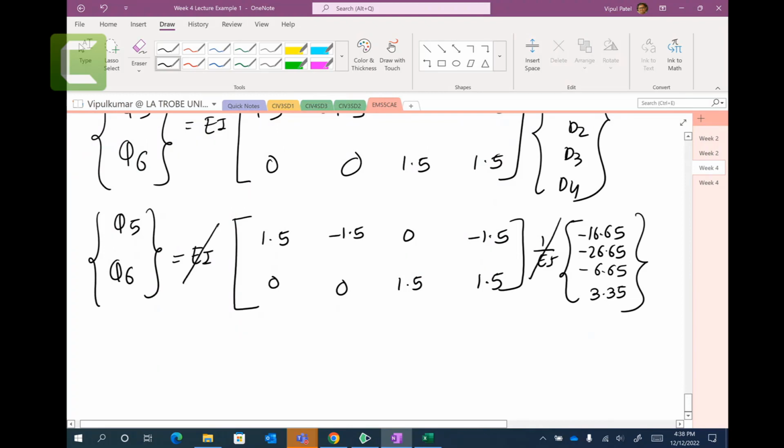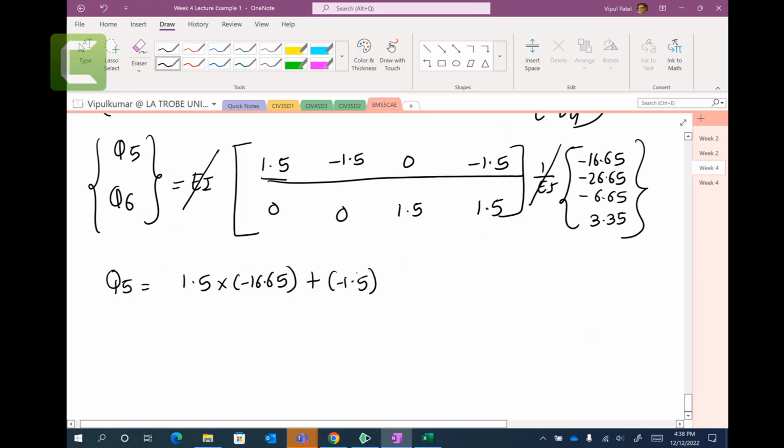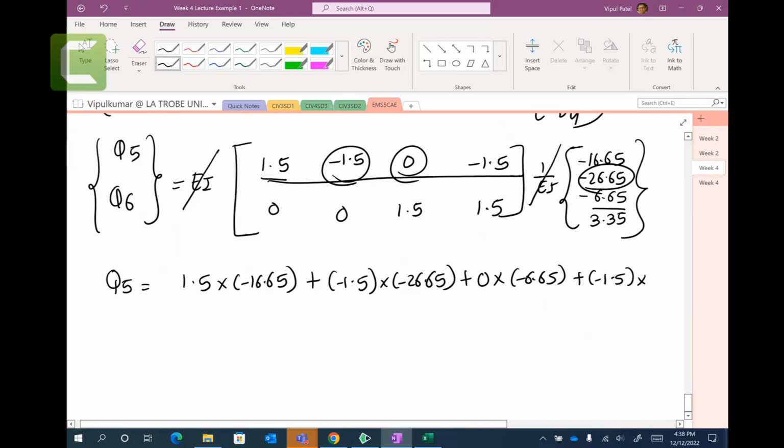So this EI cancels with this one. So Q5 equal to 1.5 times minus 16.65, we just go row by row, plus minus 1.5 times minus 26.65, this is 0 times minus 6.65, plus minus 1.5 times 3.35.